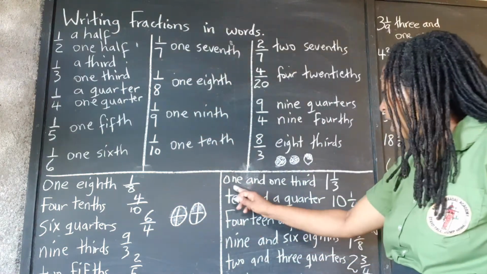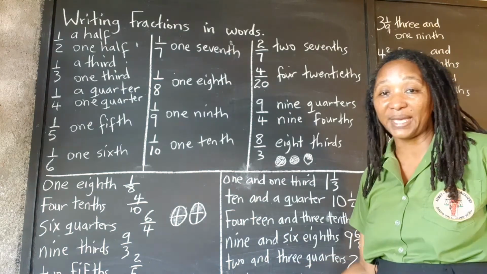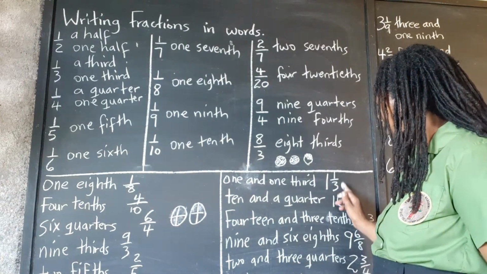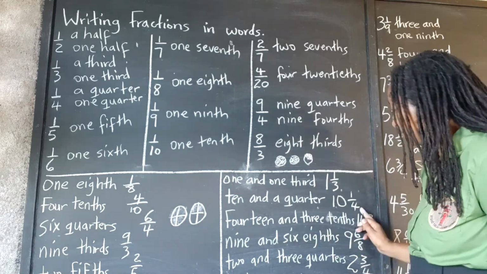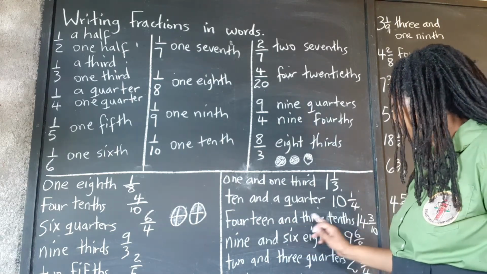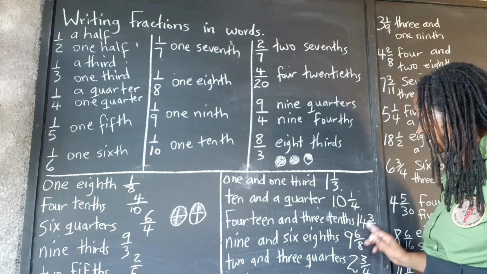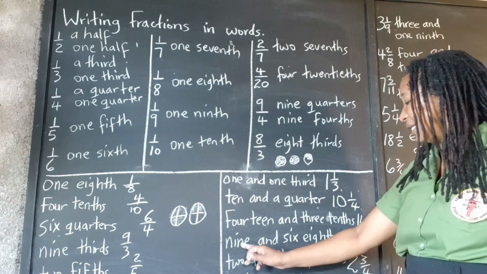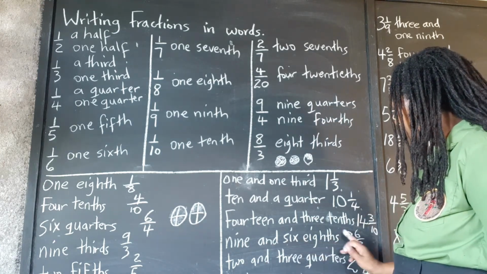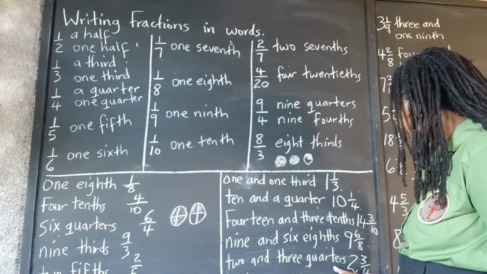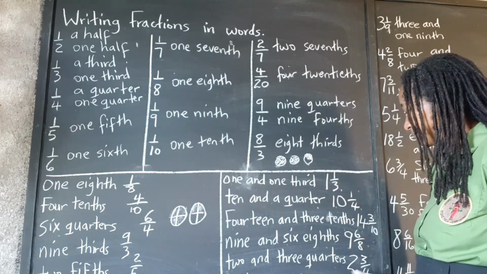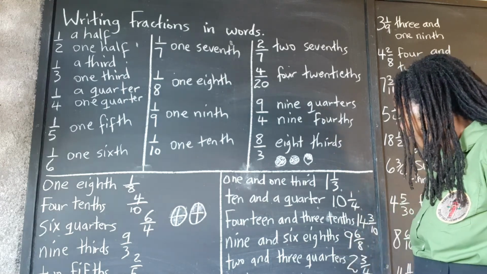Then the mixed numbers: 1 1/3, 10 1/4, 14 3/10, 9 6/8, 2 3/4, 12 1/2.